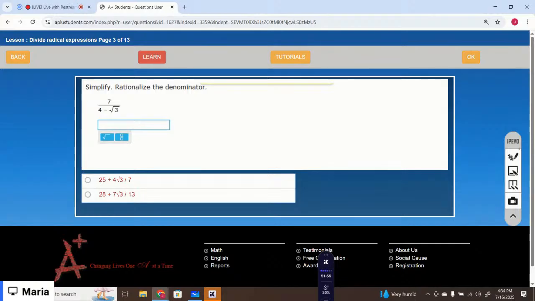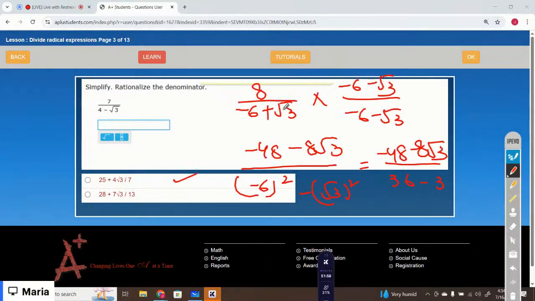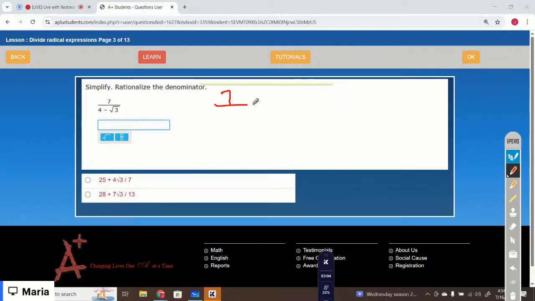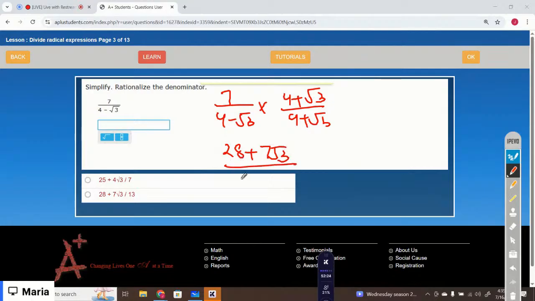Simplify 7 divided by 4 minus square root 3. Multiply by 4 plus square root 3 over 4 plus square root 3. 7 times 4 is 28 plus 7 square root 3, 4 squared is 16 minus 3.